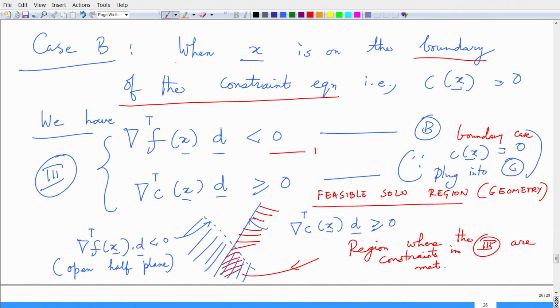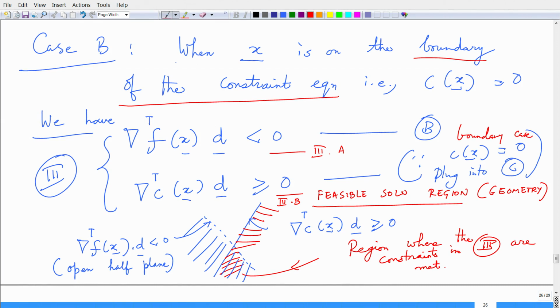This is my 3 dot A and this is my 3 dot B, right. 3 dot B is basically this red region, 3 dot A represents this blue shaded region. So, the region where these constraints are met is this overlapped shaded region that comprises of blue and red, right. That is the geometric feel of this problem.